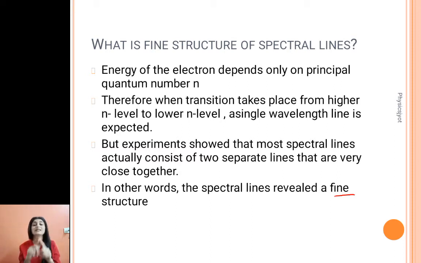That means the spectral lines revealed a fine structure. If the n equals 3 level and n equals 2 level are there, and the transition is taking place, we should get one. Then how come we are getting two? If the spectral lines have a fine structure, that means the energy level also has a fine structure.